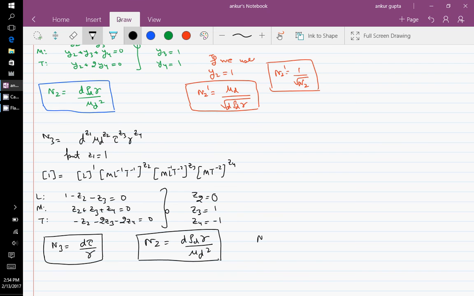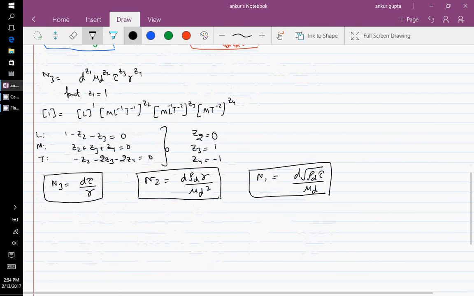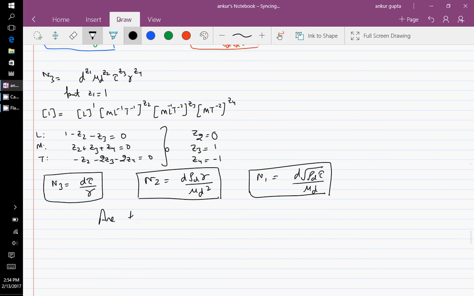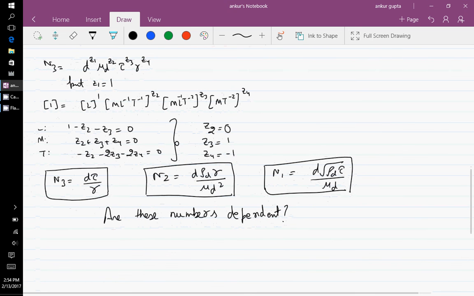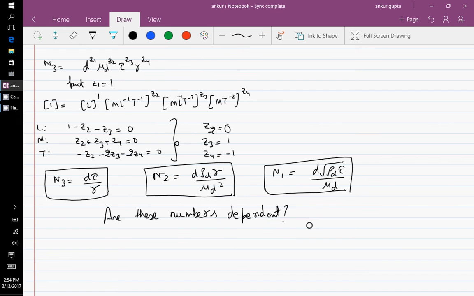And n1 was rho d tau by mu d. Now the question I have is, are these numbers independent? So the Buckingham Pi theorem told us that there will be only two dimensionless numbers that will be independent. So now, are these numbers independent, or are these numbers dependent? Can you somehow find that there is a relation between n2, n1, and n3?